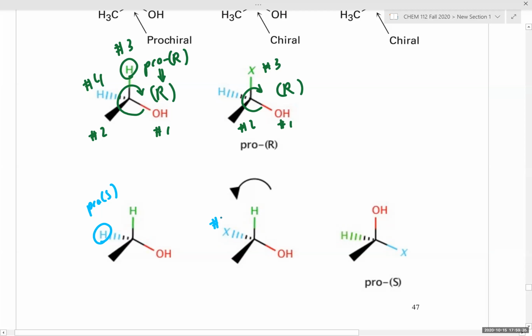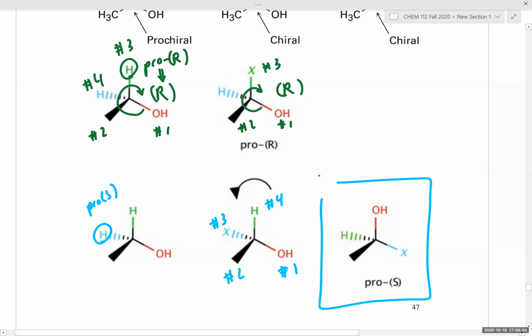We're going to arbitrarily designate this pro-S hydrogen as higher priority than our other hydrogen. Okay. Now, looking at the following structure, if we rotate our molecule, we end up with the following depiction. Now, when we assign the priority to each of our groups, we see that this center would be S. Ergo, this hydrogen is pro-S. Does that idea make sense to everyone? Can I get some feedback in the chat?